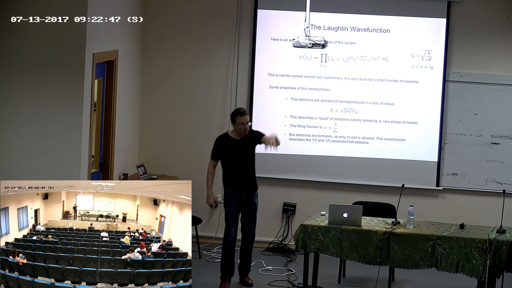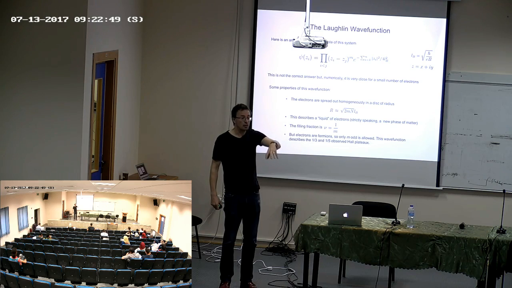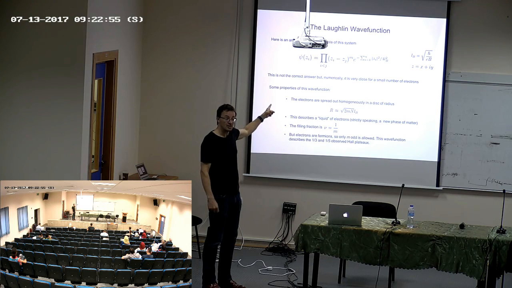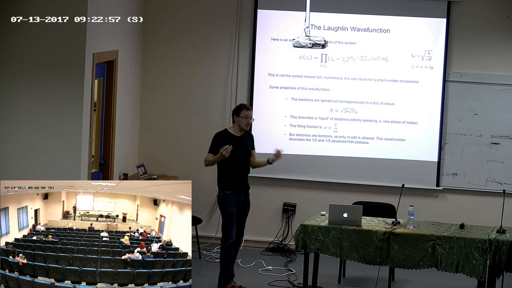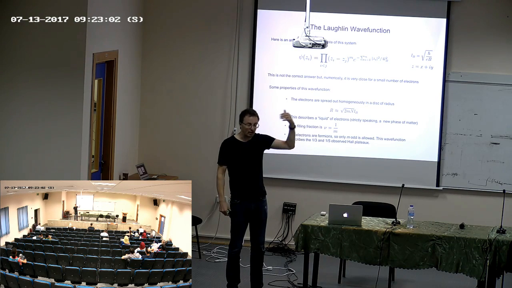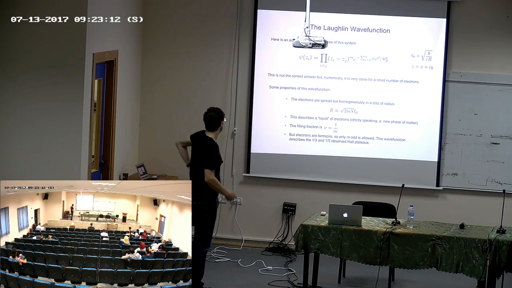It means that we know already that because the electrons are fermions, you're only going to see quantum Hall states like this when m is odd, not when m is even, and that is indeed what's seen in the experiments. 1/3, 1/5, you never see 1/2, and you never see 1/4. So already we start to understand something. We start to understand why only the odd numbers are appearing in these quantum Hall plateaus.